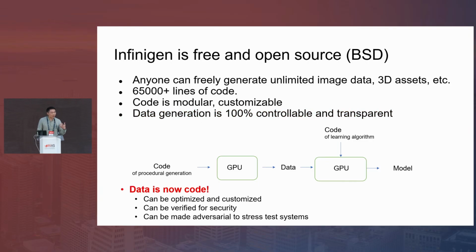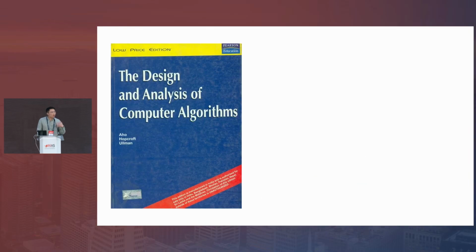This has very important consequences because now data is just like code that can be optimized and customized. And it can be verified for security. You can make it adversarial to stress test systems. So hopefully, in the future, we will understand how to design and analyze data just like we understand how to design and analyze algorithms.